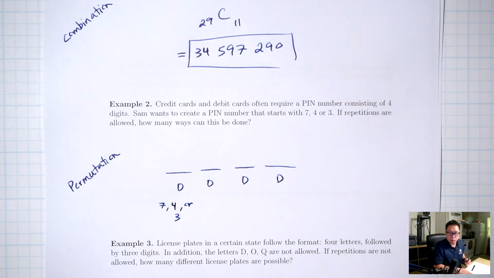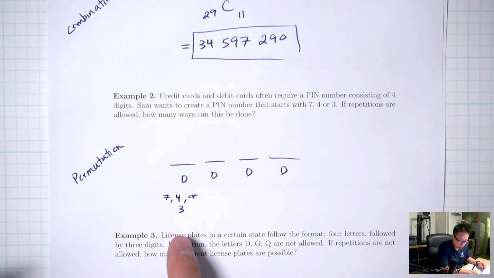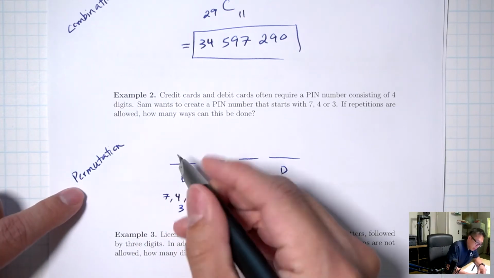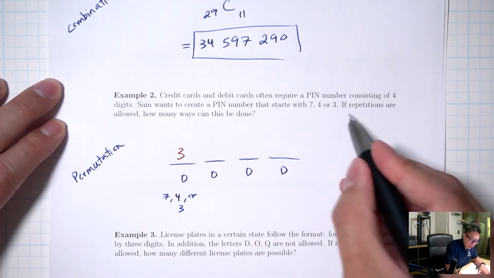So let's go ahead and fill out the first blank. First blank, I need to be 743. How many options do I have? Just 3, right? 1, 2, 3. Now, for the rest, I need to also keep in mind whether repetitions are allowed or not. It does say here that repetitions are allowed.